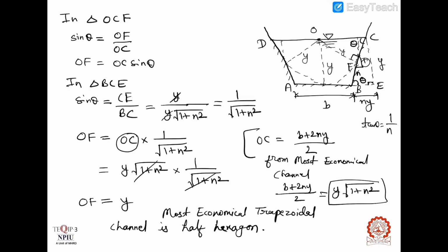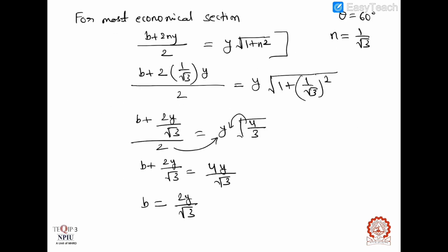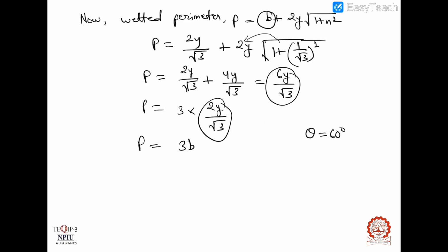Clear? So this is what we were deriving: P is equal to 3 times b when we keep theta equal to 60 degree. Clear?